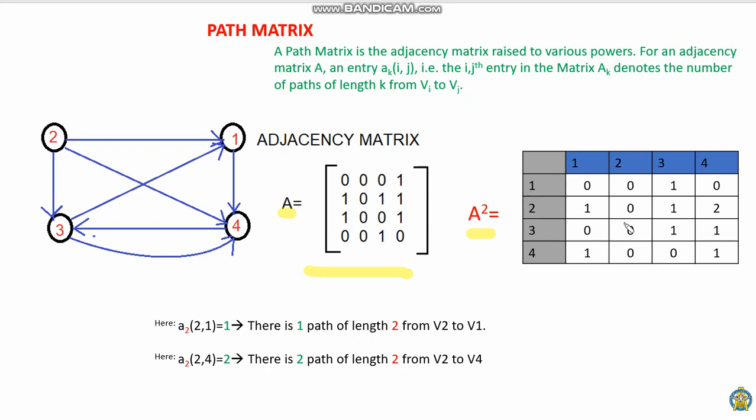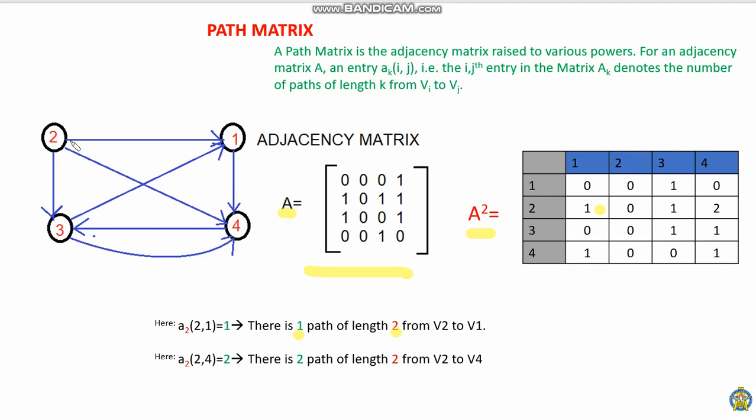Let's take one example from the matrix. Look at the matrix. A2, 2, 1. That means this is a square, so that's why it is called A2, 2, 1. That means 2, 1. The value is 1, which means there is one path of length 2 from V2 to V1.